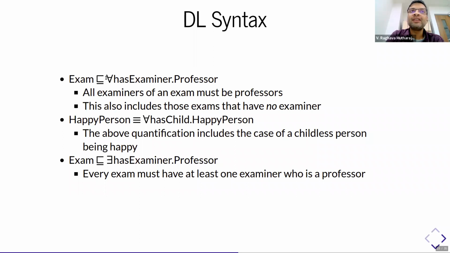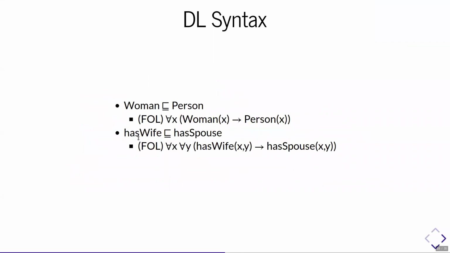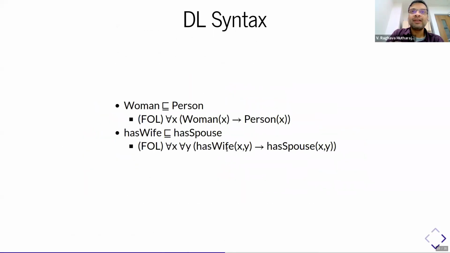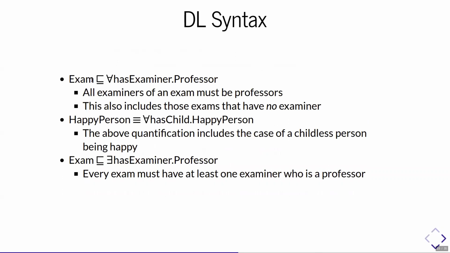And then there's already a for all symbol. hasExaminer is a binary predicate, right? Any predicate or role here is a binary predicate. So if x has y, we need to add the statement that x is coming from Exam and y is coming from Professor. So you add that part.